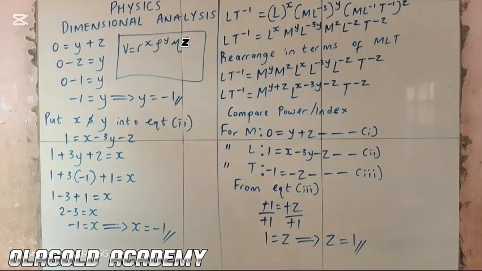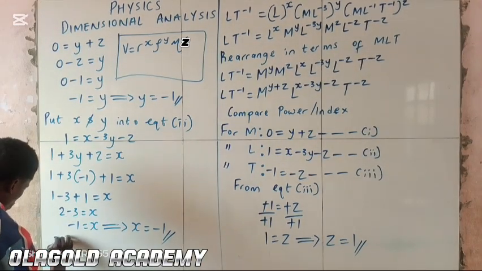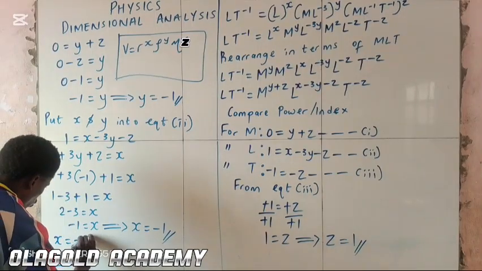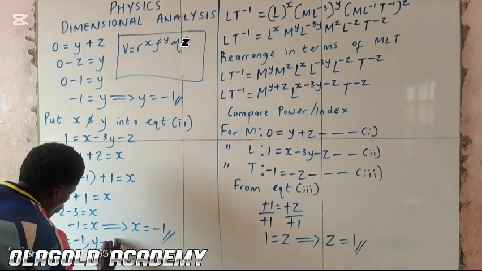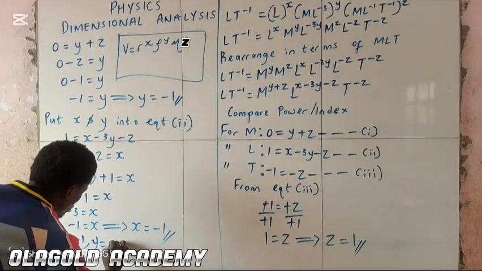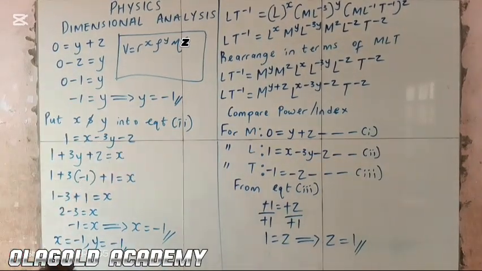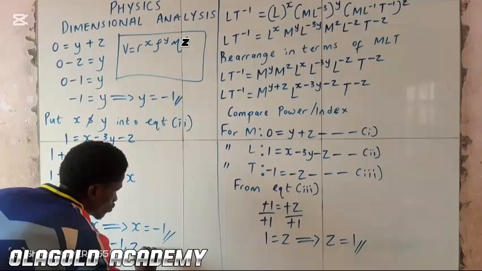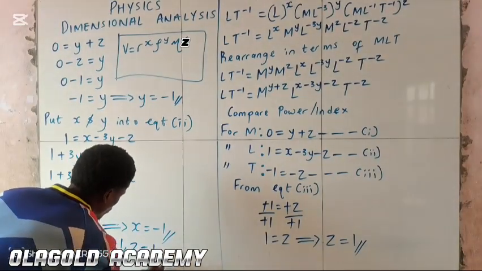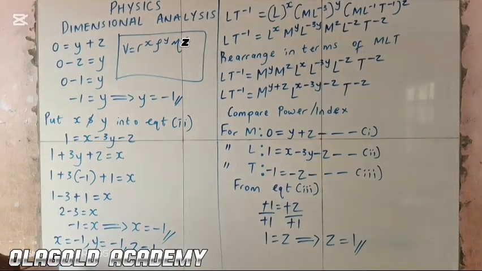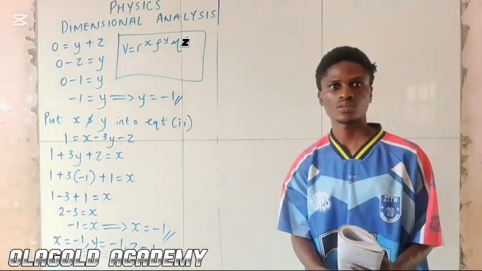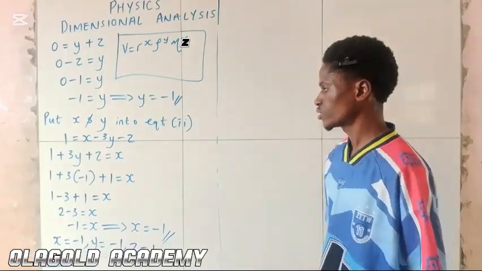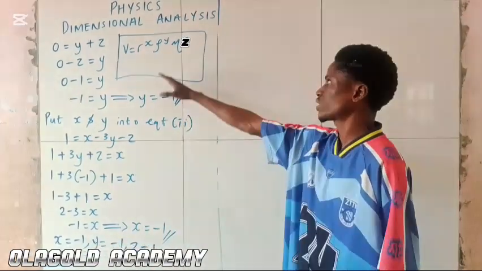So this implies that our x equal to minus 1, y equal to minus 1, and z equal to 1. So we're going to put the values of x, y, and z into equation asterisk. Alright, so let's put these values here into equation asterisk.